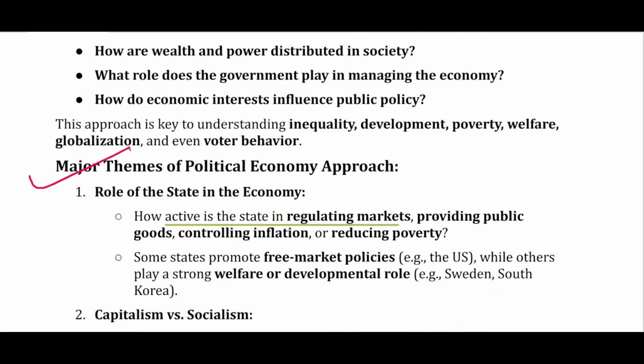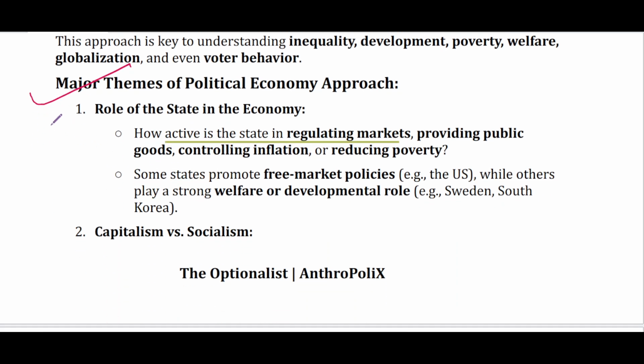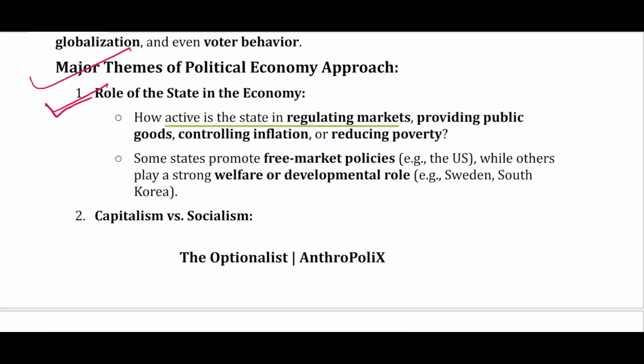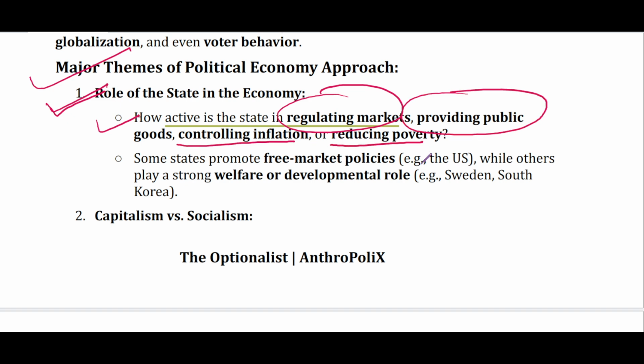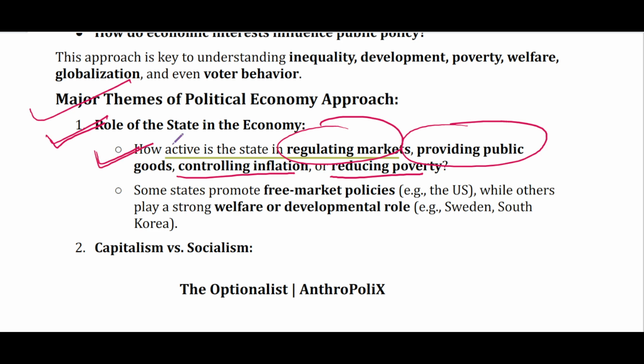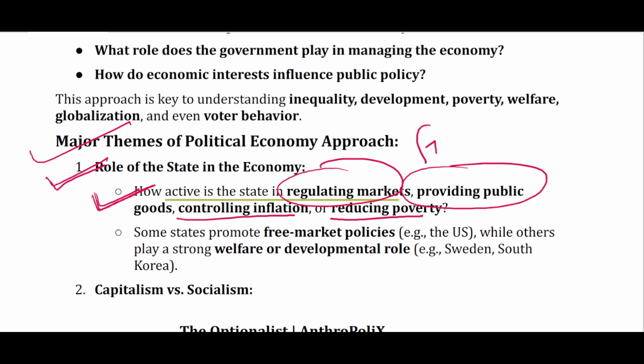Now the major themes of political economy approach. So first, this approach it seeks to know the role of state in regulating markets, in providing public goods, in controlling inflation, reducing poverty. So in short, this approach it looks at the role of state at both the fiscal and administrative level.